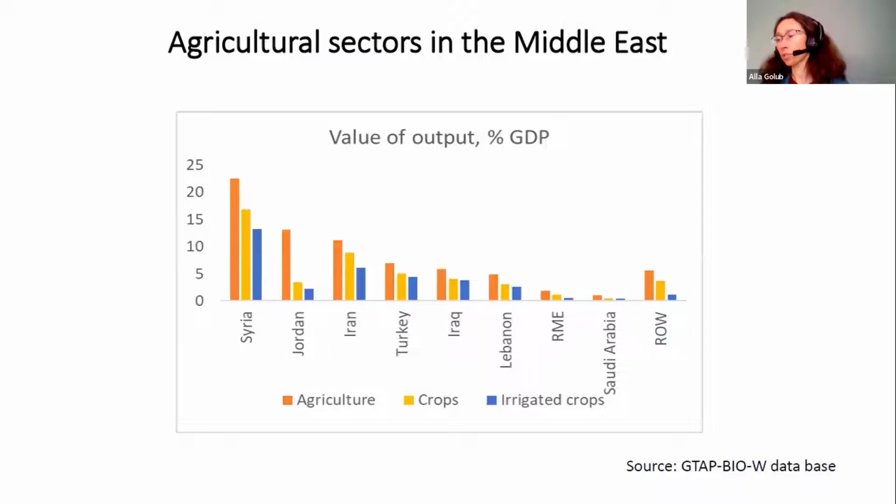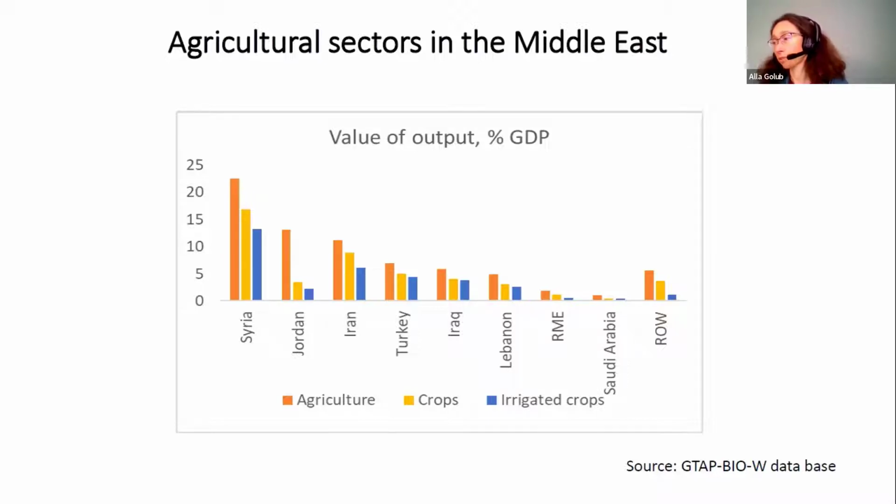Before we look at the simulation results, let's talk about the size of agricultural sectors relative to GDP in the Middle East. Overall, output of agricultural activities relative to GDP is small. The share of agriculture in GDP is the largest in Syria, 22%, followed by Jordan, 13%.